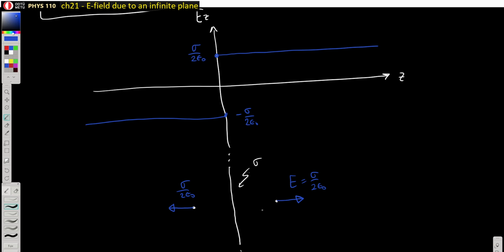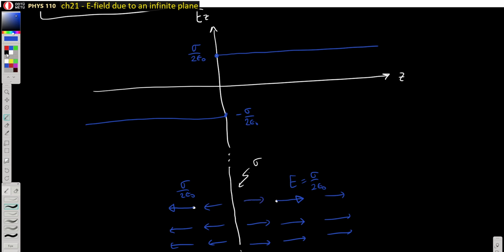But what this is actually saying is that it doesn't matter which point you take. The point might be close to the plane or far away from the plane, it doesn't matter. As long as the distance to the plane is much smaller than the real size of the plane, the electric field has the same magnitude.